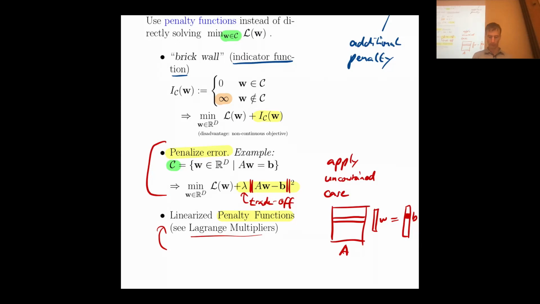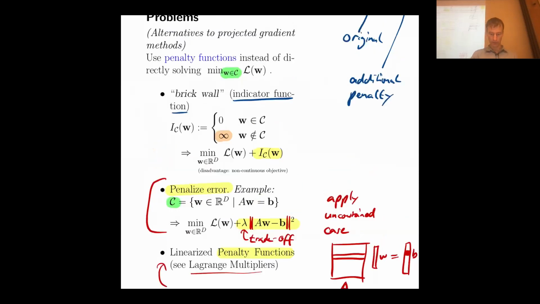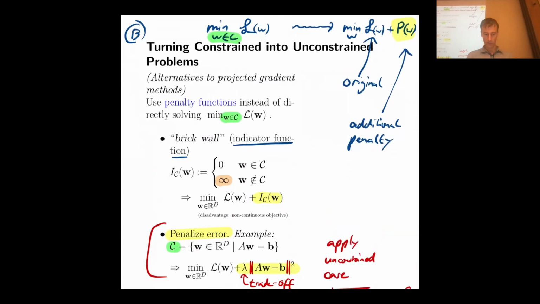This one is not used so much in machine learning. We prefer the approach where we have a non-negative penalty function and we keep the parameters we have. We don't introduce additional parameters if not necessary. You can, it's okay, but this is maybe a bit easier. Okay, these are a few examples of how to deal with constraints by transforming them into a penalized problem.